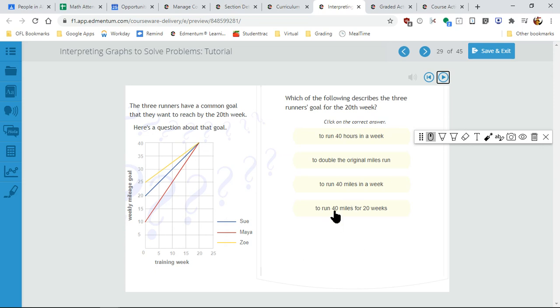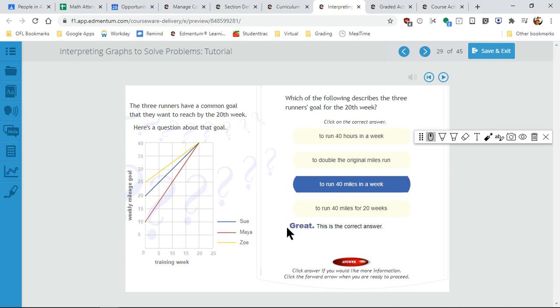And it's not 40 miles a week because none of them start off there. Otherwise, it'd be a straight line. First they're not running that many miles in a week, but then they keep increasing. So by that point, that's their goal. They all have the same goal.